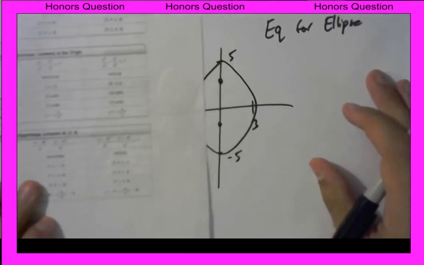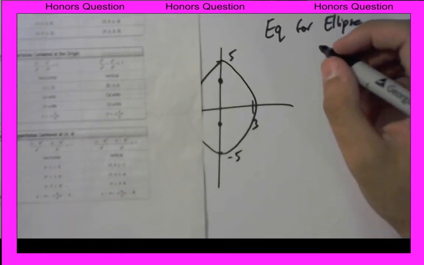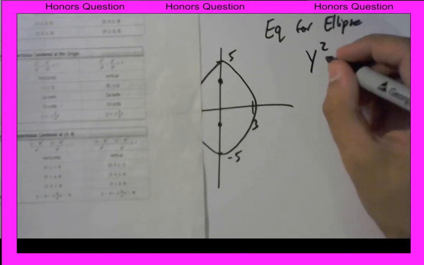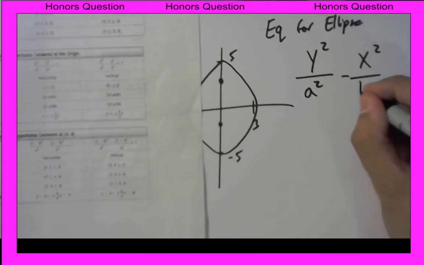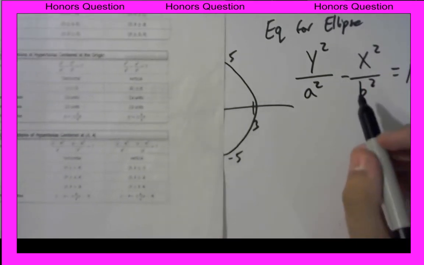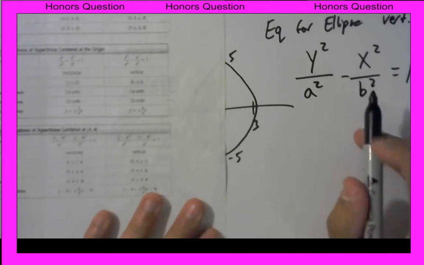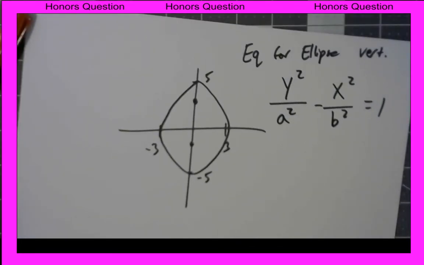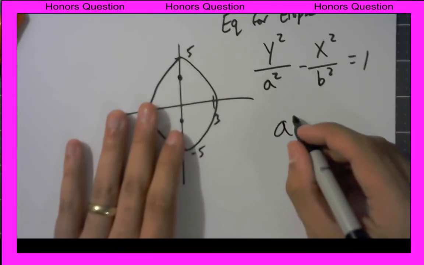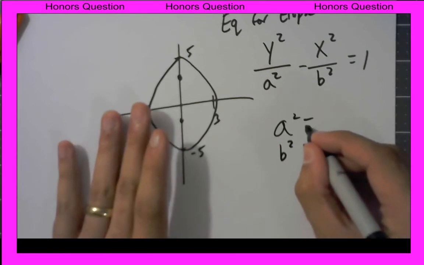We go to the front of the exam and find our things, and we remember we have this equation: y squared over a squared minus x squared over b squared equals 1. This is for vertical, and I know it's vertical because my foci line up vertically. So I only need to find a squared and b squared. If I find those, I'm happy.